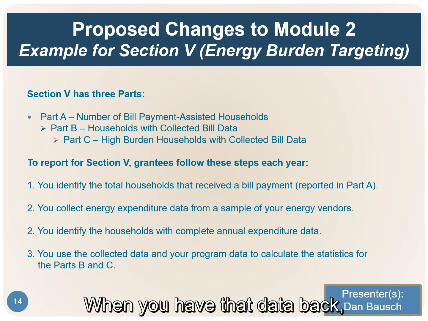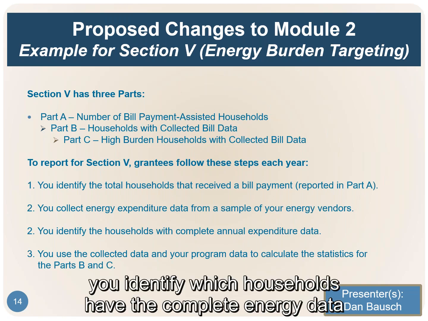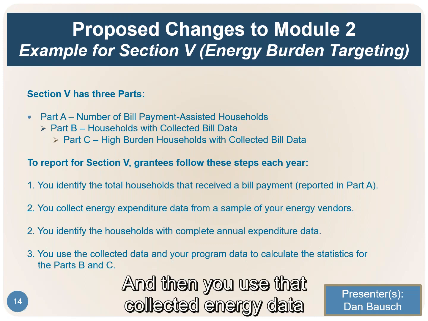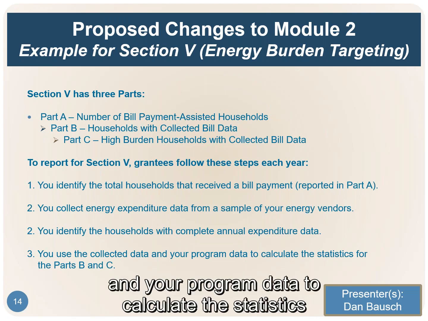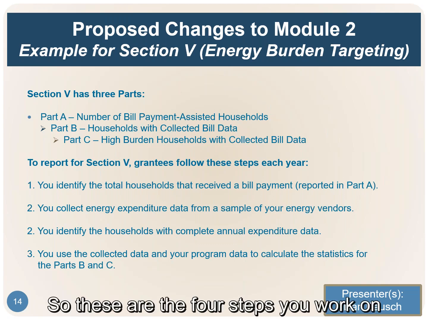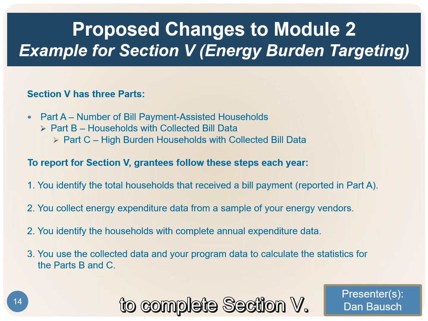When you have that data back, you identify which households have the complete energy data so that you can include them in part B. And then you use that collected energy data and your program data to calculate the statistics for part B and part C. So these are the 4 steps you work on to complete section 5.